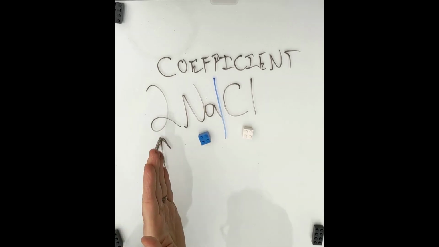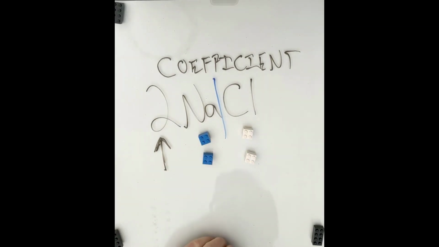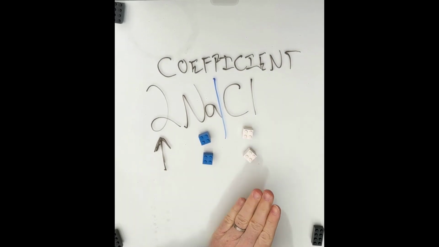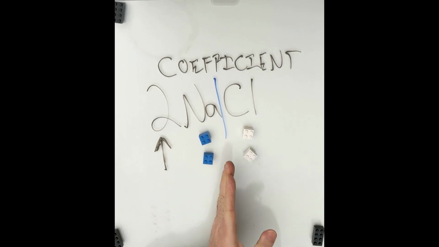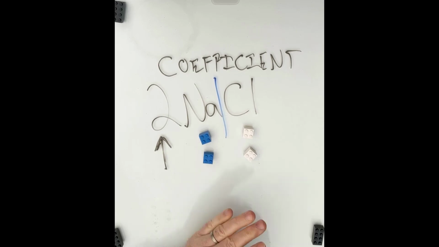The coefficient means that there's 2 NaCls, and since each NaCl has one chlorine and one sodium, that means 2 sodium chlorides has 2 sodiums and 2 chlorines. So again, when we're talking about balancing and mass and things like that, understanding the difference between the coefficient and then a subscript which might appear inside the formula is very important, because they affect the numbers and the amounts differently.